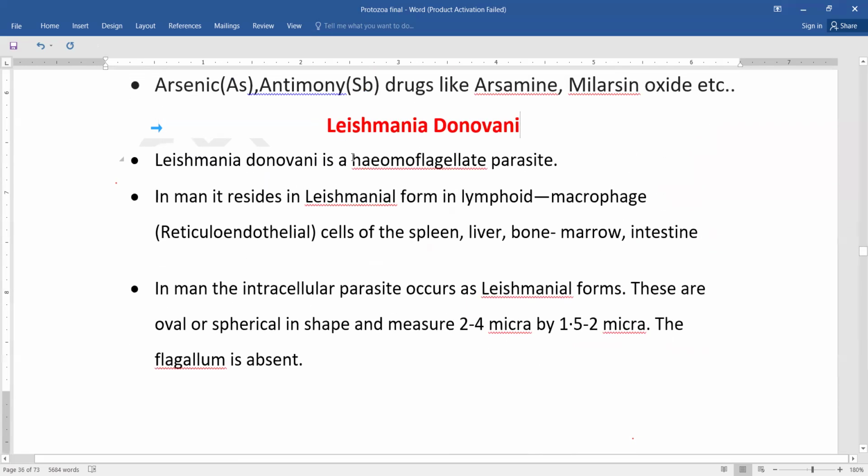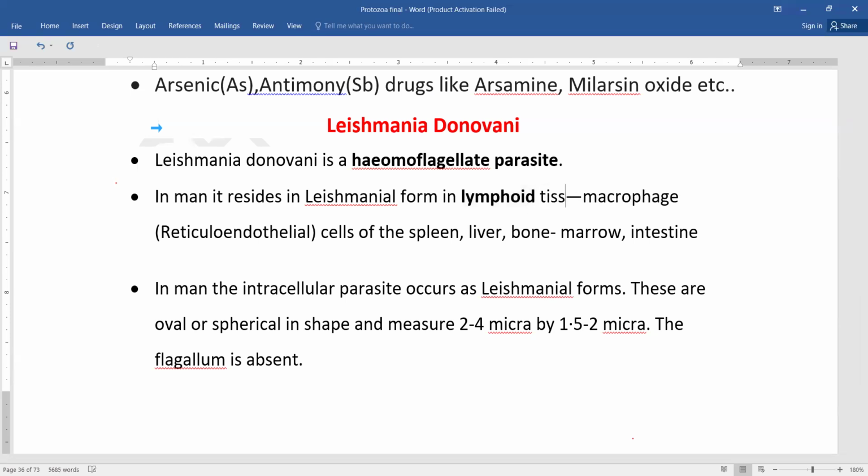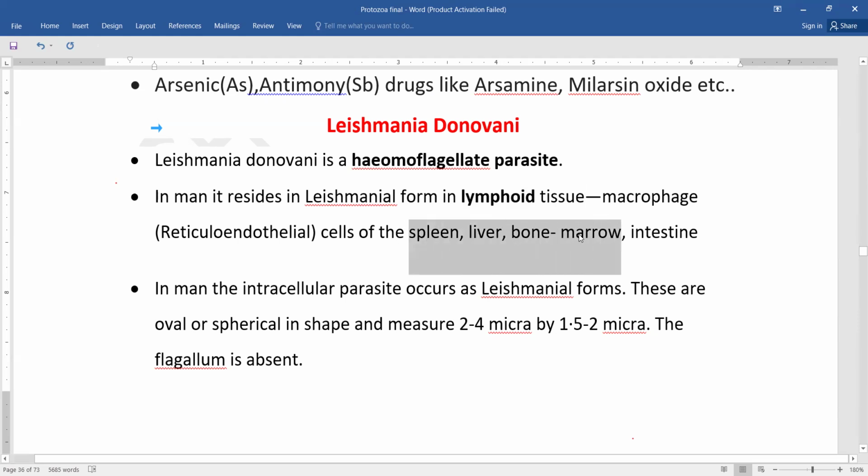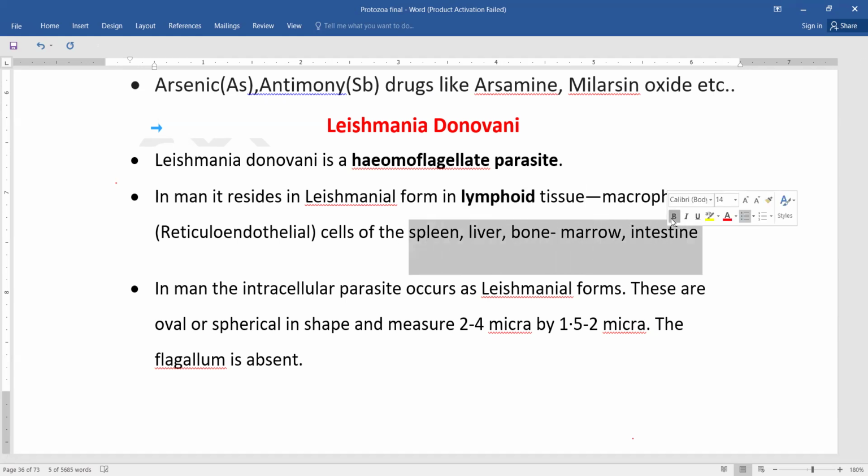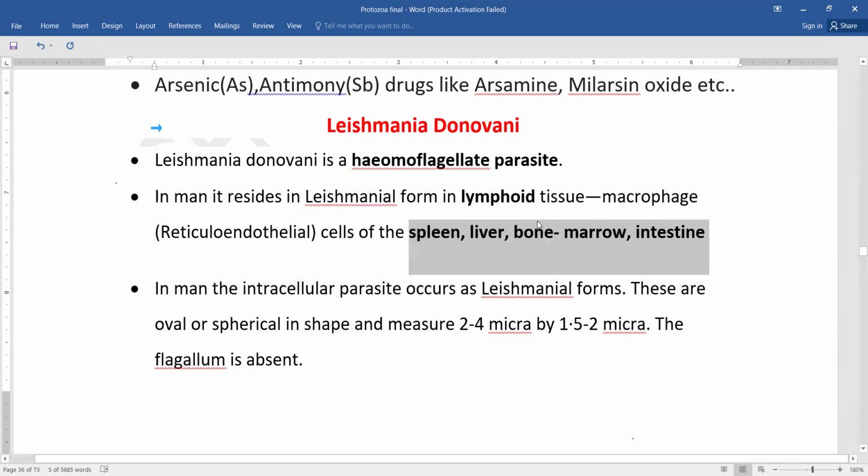So Leishmania donovani is also a hemoflagellate parasite. In man, it resides in lymphoid tissues, particularly in the spleen, liver, bone marrow, and intestinal region, where the lymph nodes are present.